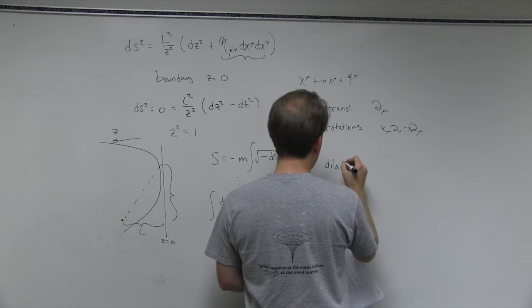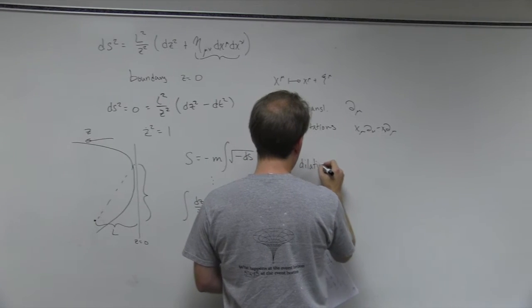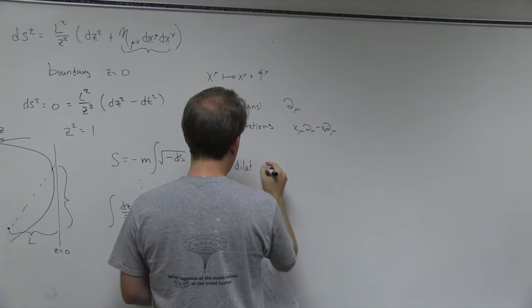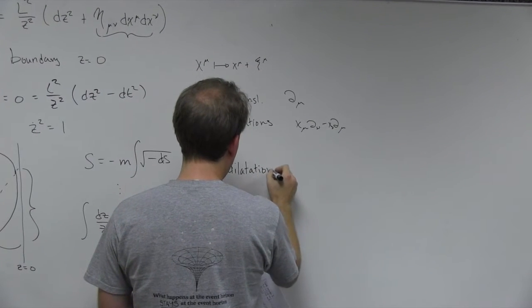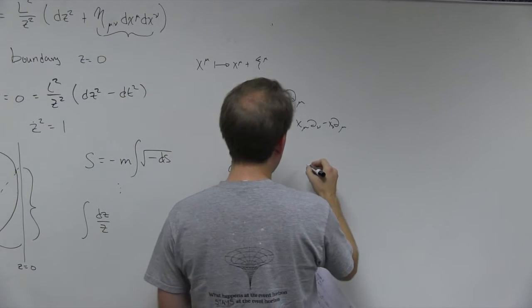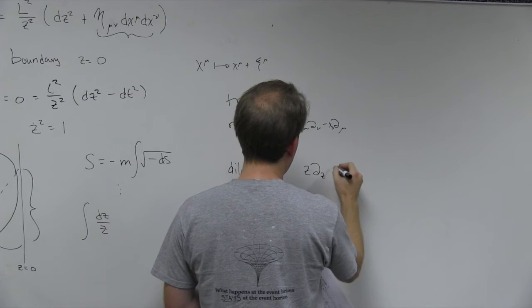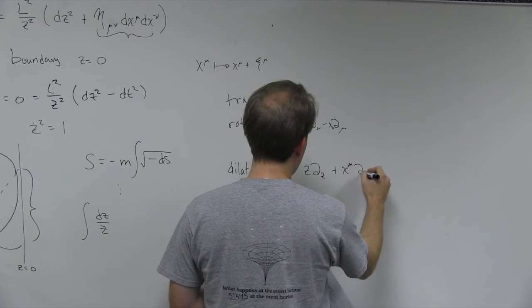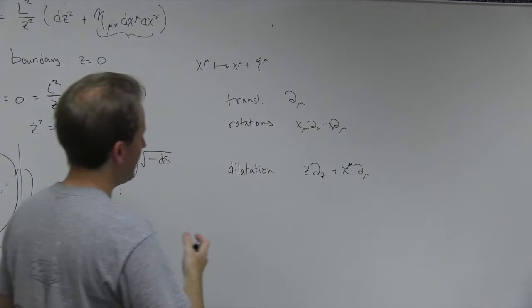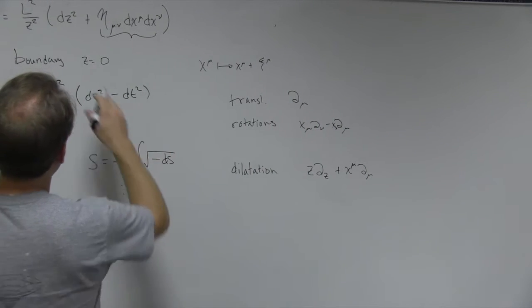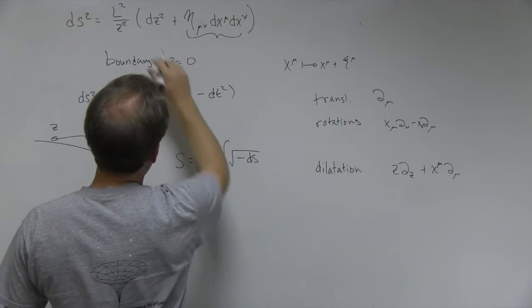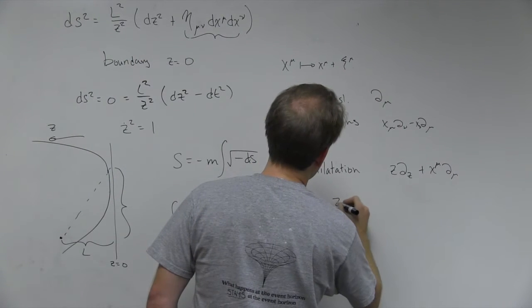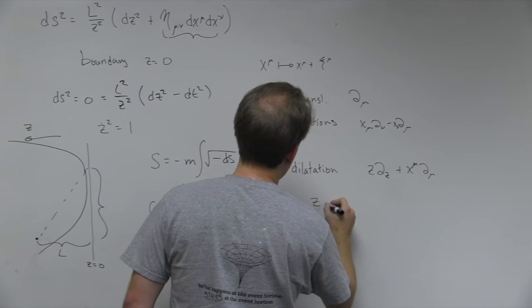What's new is you have a sort of radial symmetry, which for reasons that are obvious, I'll call dilatation, where you do z del z plus x mu del mu. So this is basically a scale transformation.